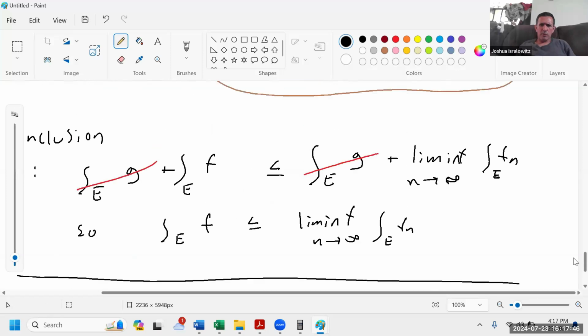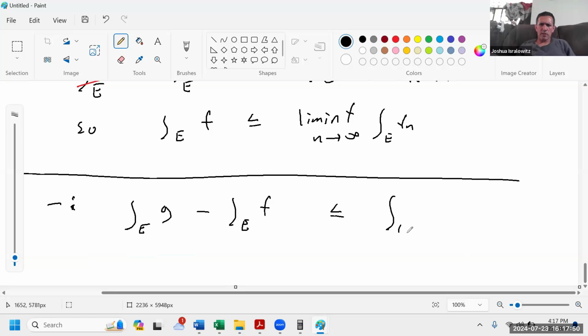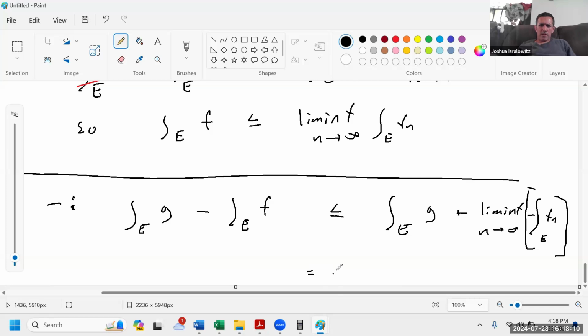And that's less than or equal to a minus here. I was going to get that to look decent, but it's decent enough. So this is the integral of g minus lim sup.